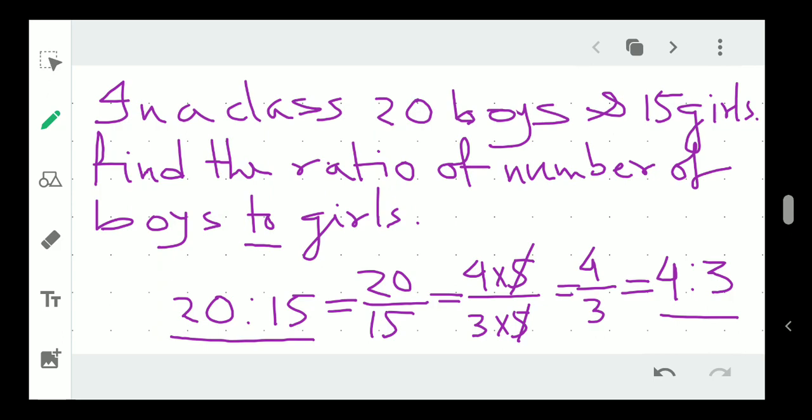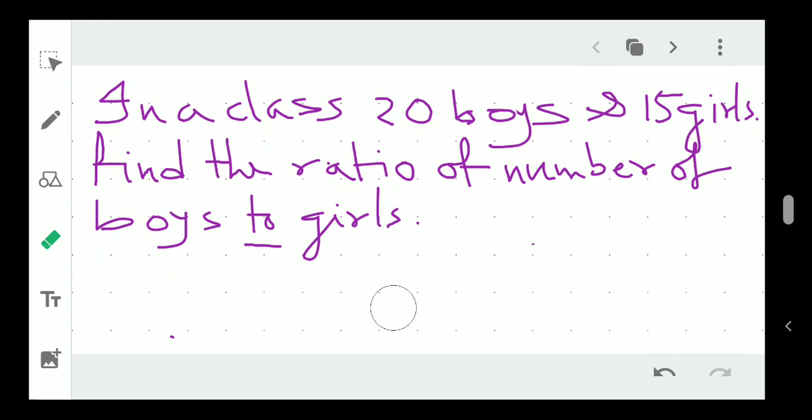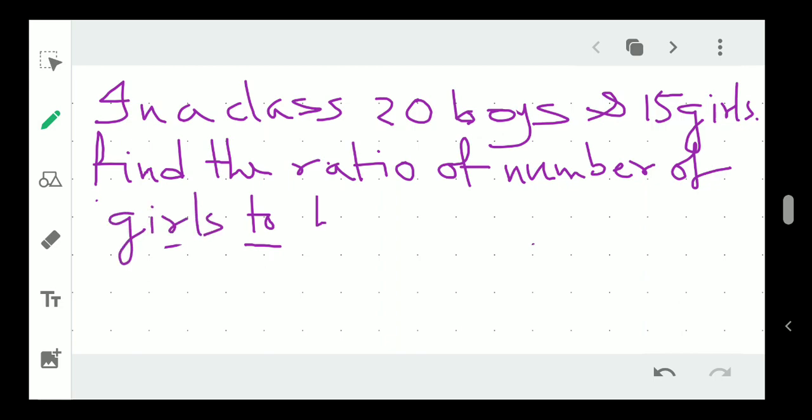So this is the ratio, that means the comparison of two quantities. Now in the same situation, this is 4 is to 3, right? But if I say the same situation with a little bit of change, find the ratio of the number of girls to boys, the whole situation will change. How?